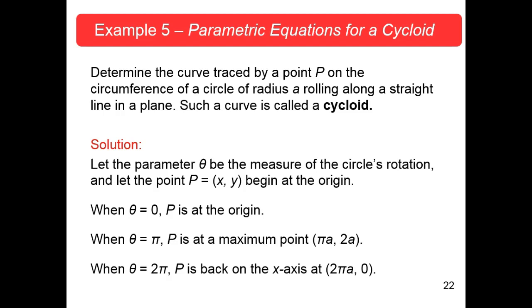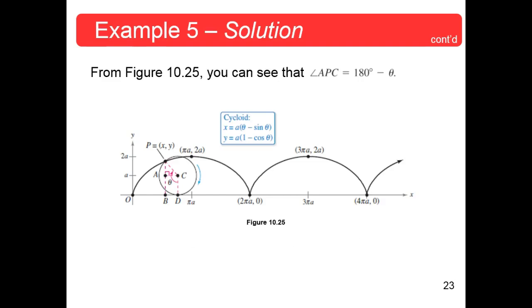Okay? So without straining the old gray cells too badly, let's just see what it looks like here. You started with this, here's the point P, that started down here at the origin. So roll the circle back until P is at the origin. And as the circle starts rolling that way, it's over here at some point.